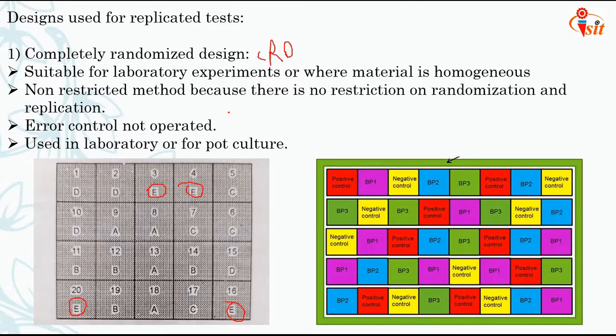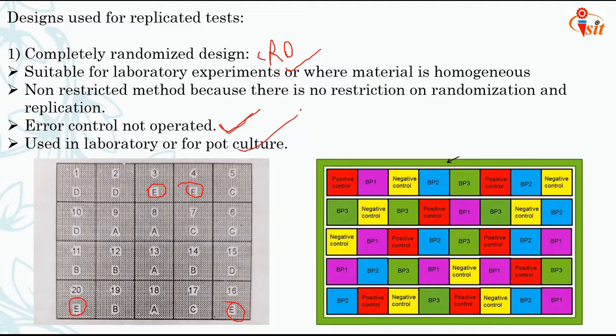Whatever environmental errors are there get eliminated, and whatever soil you are using to fill the pots is highly homogeneous for all the pots. So there will not be any error due to the environment. So error control is not operated in this design, and it is mostly used for homogeneous material for laboratory purposes.